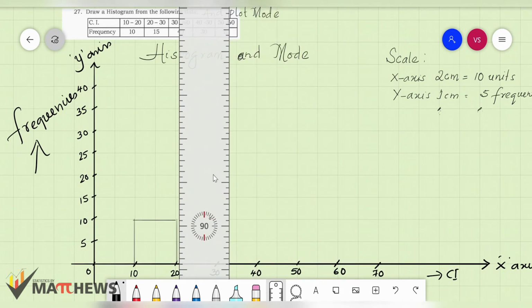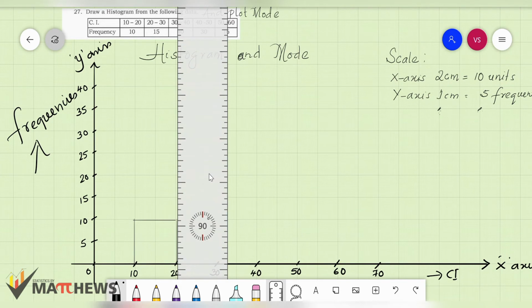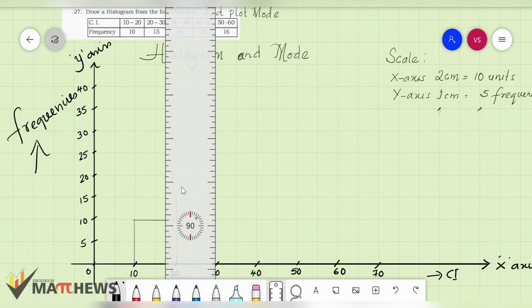Continue till 15. Then this side, 15. Okay, the next would be 40. 30 to 40 is up to 40, and this bar length will go up to here, 40.